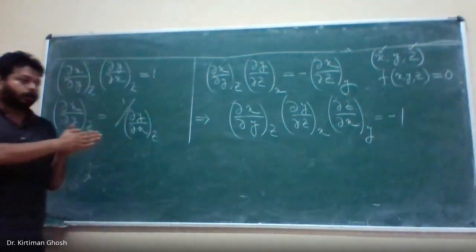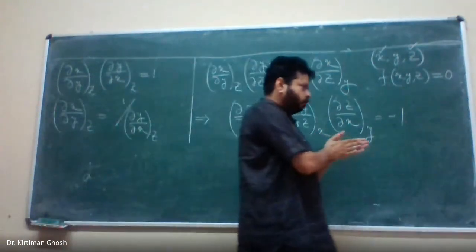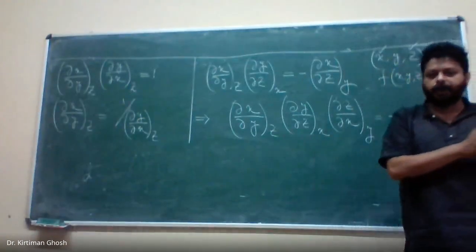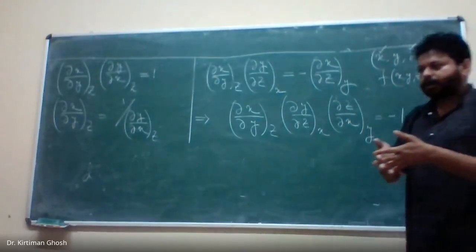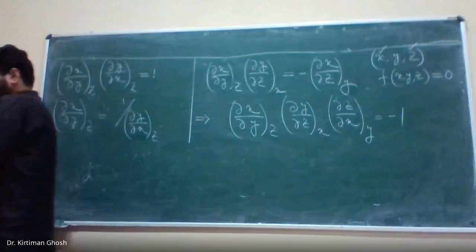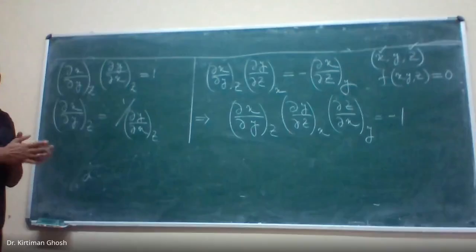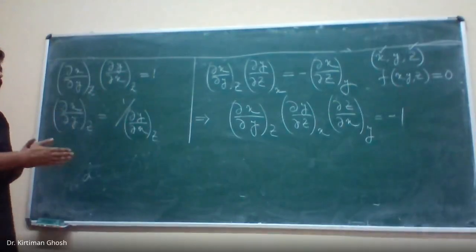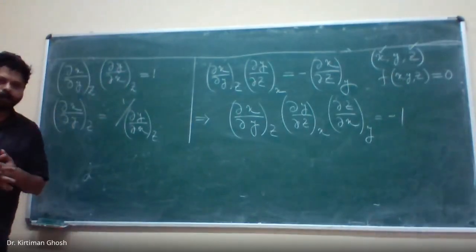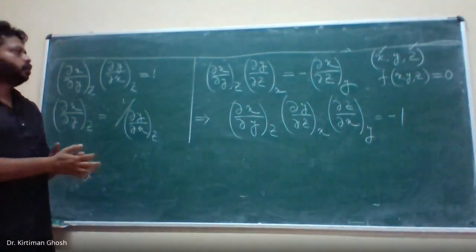In the context of thermodynamics, using these relations, we can do some simple measurements and predict something for a thermodynamic system. That is the next part of this lecture, where I will discuss where the power of this equation lies. I will give you some examples in the context of some specific thermodynamic system which you already know.